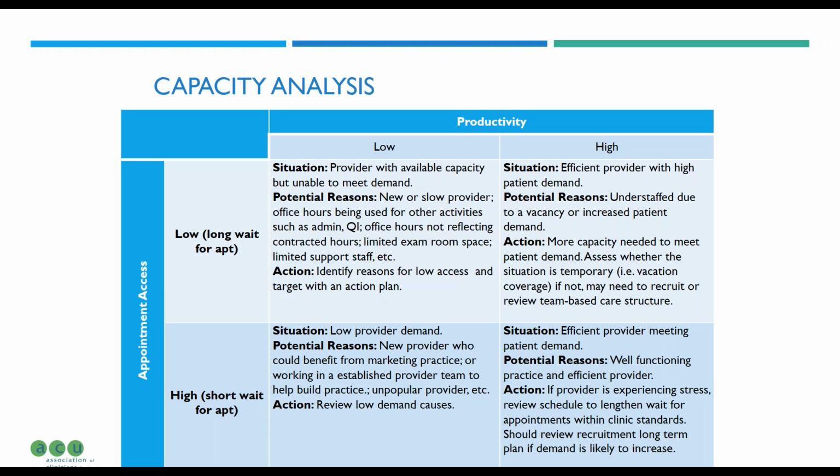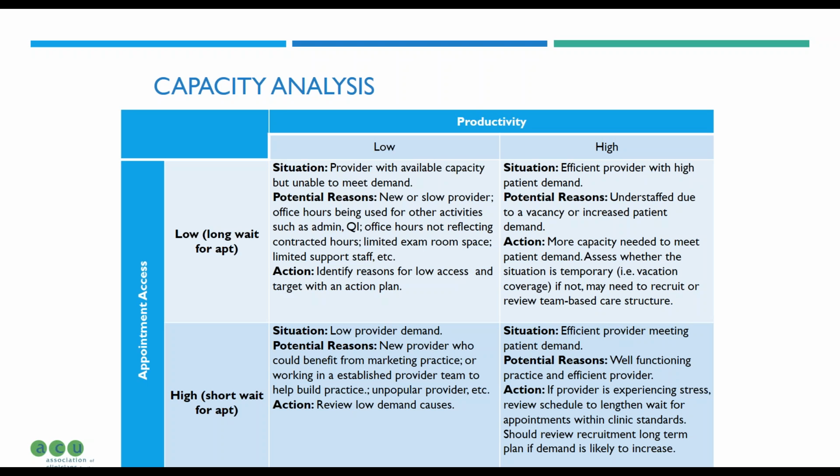So if you have a provider with high productivity but low access, so high productivity and a really long wait to get in for an appointment, it's an efficient provider with very high patient demand. So some of the reasons could be that you're understaffed due to a vacancy, or you've had an increase in patient demand. The action in this case is you probably need more capacity to meet patient demand.